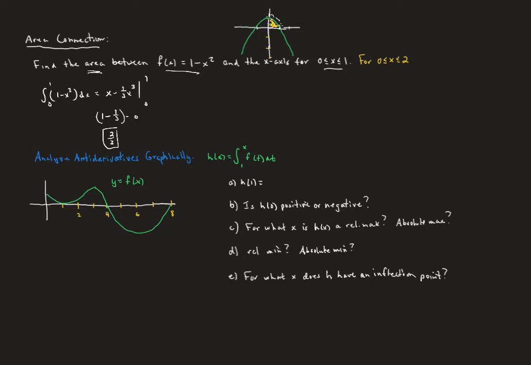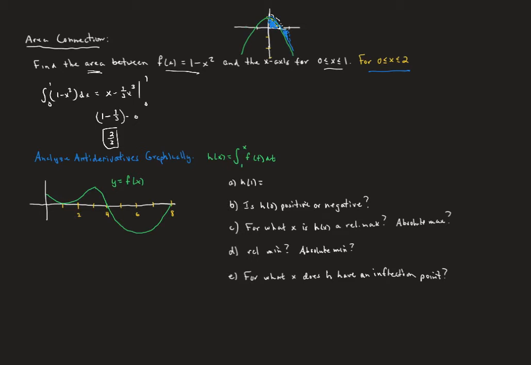Now the next one poses a bigger problem, because on this interval from 0 to 2, part of the curve is above the x-axis and part of the curve is below. We are interested in the area between the curve and the x-axis, but we need it to be a true area, which means we want to consider both of those to be positive.